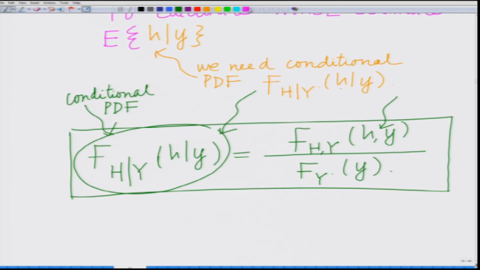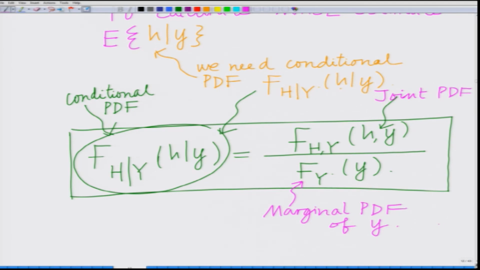This is the joint PDF of h comma y, and this is the marginal PDF of your observation y.